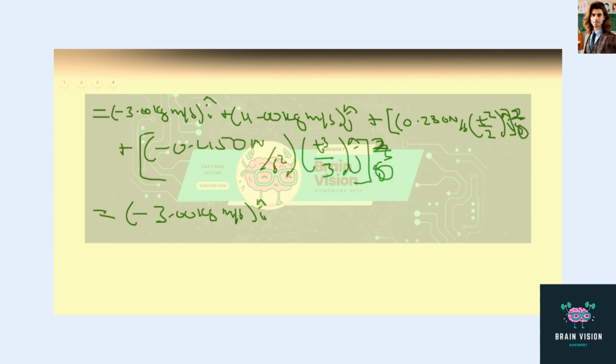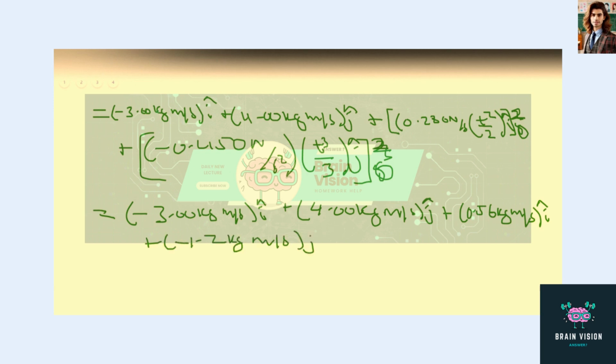And so negative 3 kilogram I hat. Just tedious numbers, but you gotta be careful you don't make any mistakes. It helps you, this is what happens in physics, helps you keep track of all the values you're dealing with. So 0.56 kilogram meters per second I hat, and then plus negative 1.2 kilogram meters per second J hat.